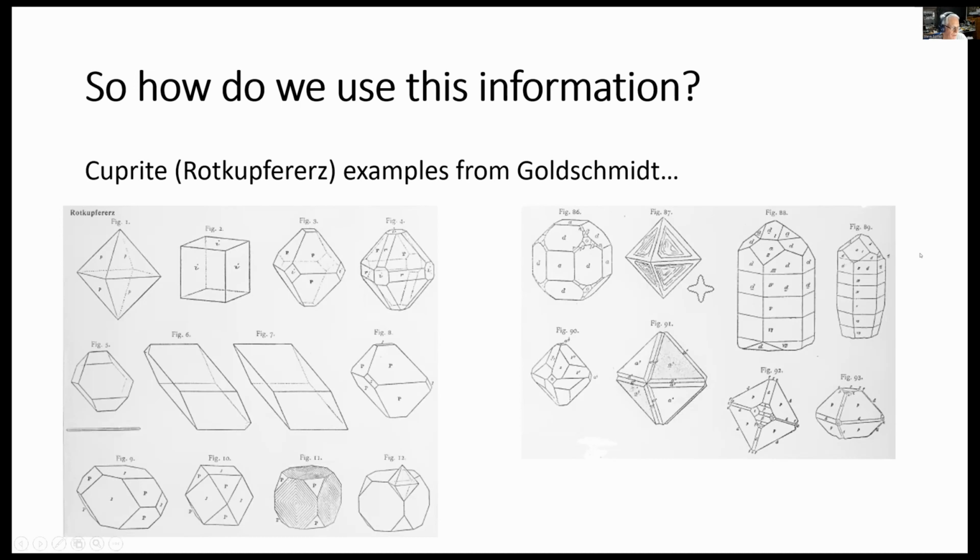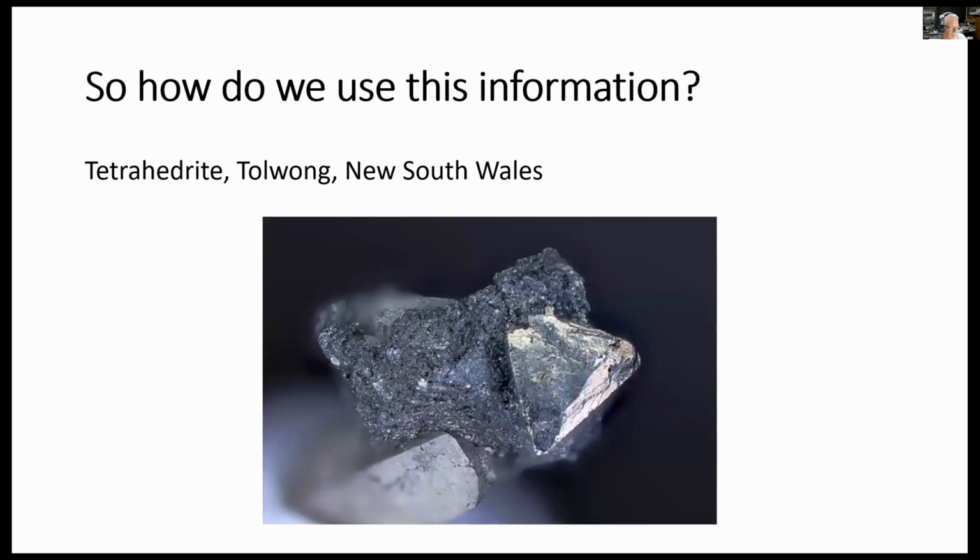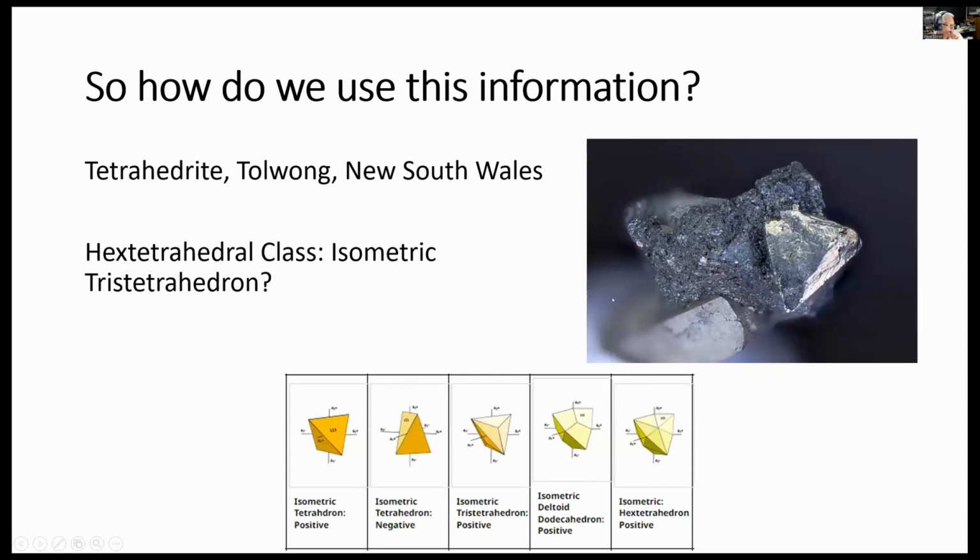The point I'm trying to make is that it's cubic, which is the easy one, but it's not necessarily that easy. So let's have a look at tetrahedrite. There's a nice tetrahedron sitting over the side. Well, it's a modified one, and this is from Tawong in New South Wales.